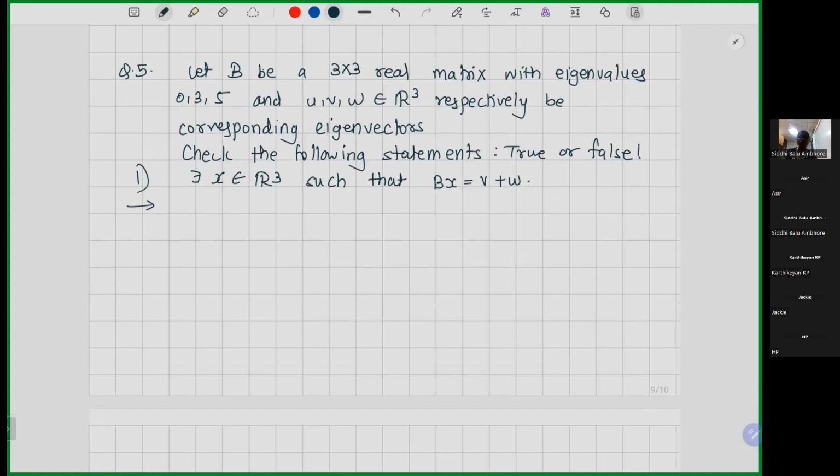U corresponds to 0, V to 3 and W to 5. They are saying that there exists X in R3 such that Bx is equal to V plus W. What is your guess whether this statement is true or not? Can we produce an X such that Bx is equal to V plus W, or does such an X not exist?